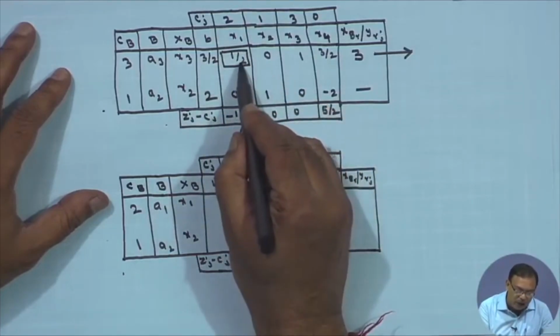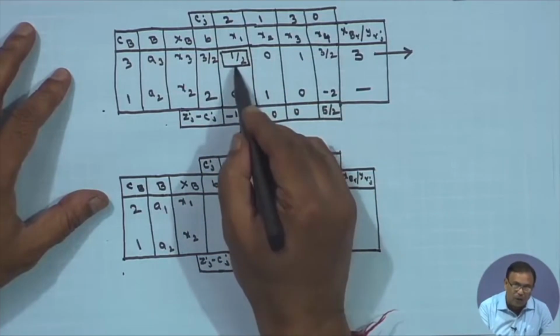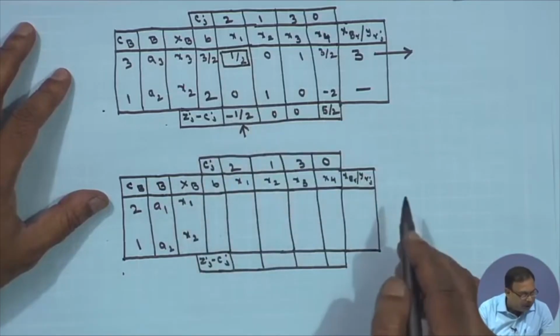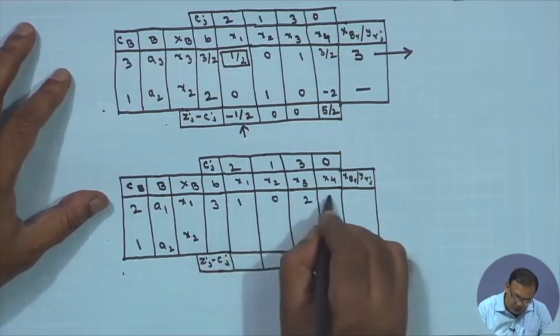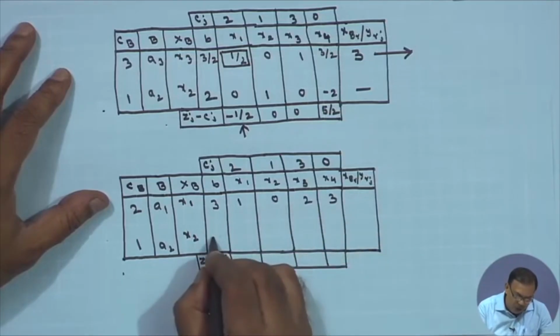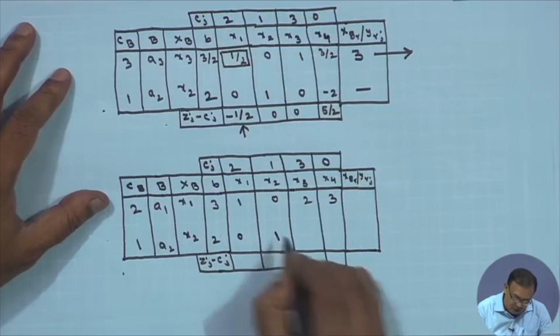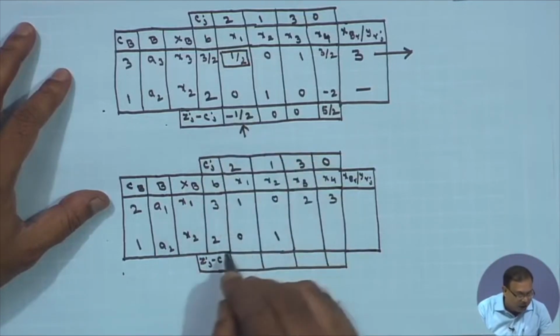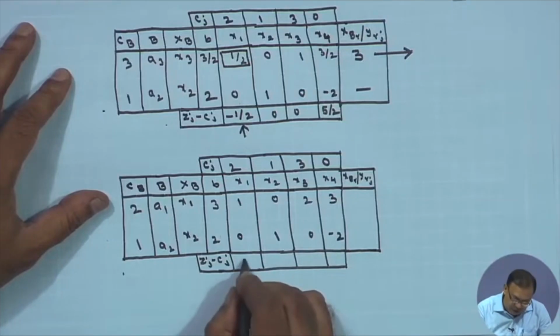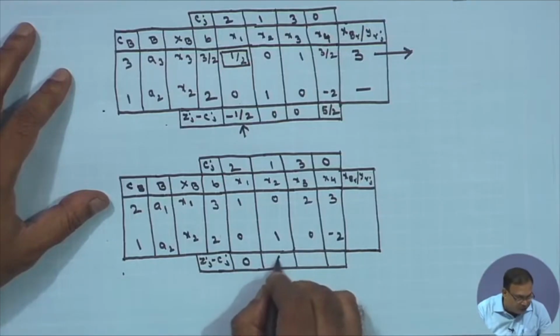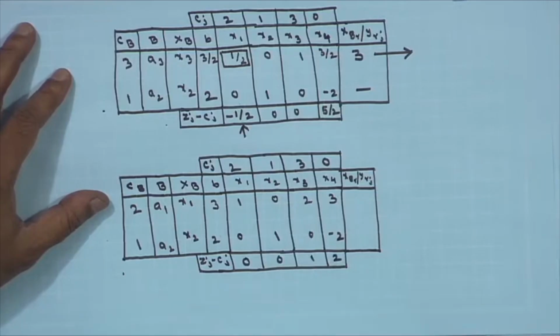So, I will make it 1, and the corresponding elements of that column 0. If I make it, it will become 3, 1, 0, 2, 3, whereas it will remain as it is, already 0 is here. So, 2, 0, 1, 0, minus 2. If I calculate Zj minus Cj now, this is 0, 0, 1 and 2.